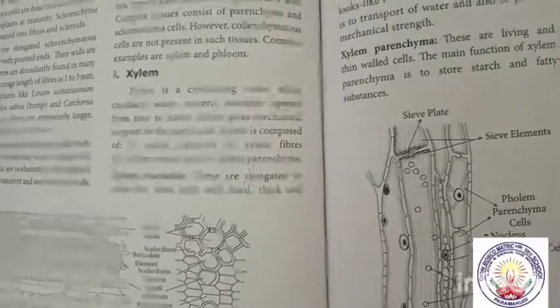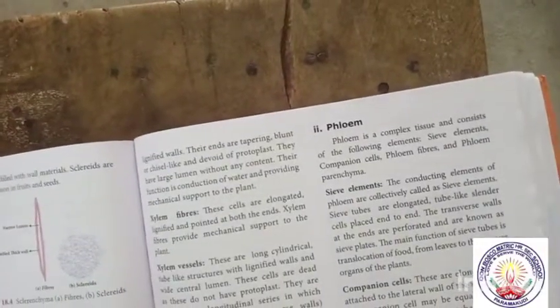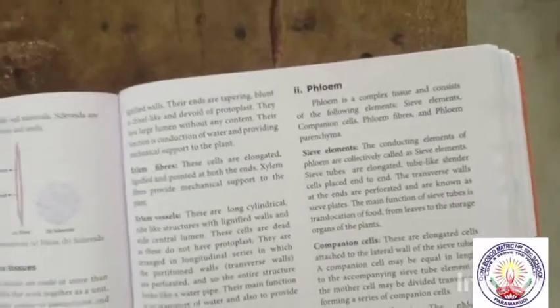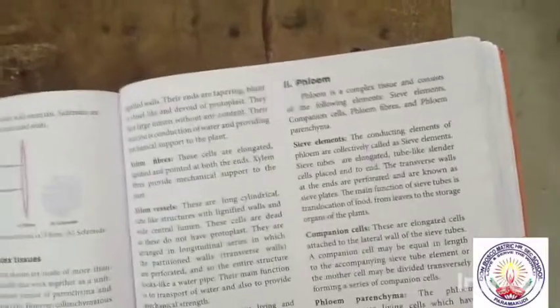Longitudinal section of phloem tissues. Next, phloem. Phloem is a complex tissue and consists of the following elements: sieve elements, companion cells, phloem fibers and phloem parenchyma. Sieve elements. The conducting elements of phloem are collectively called sieve elements.